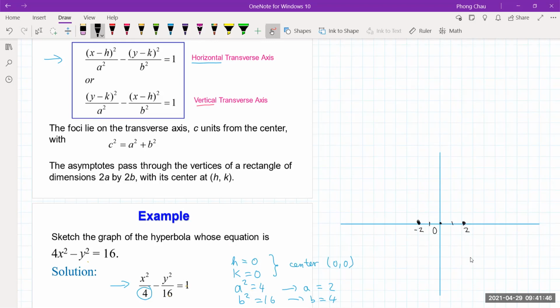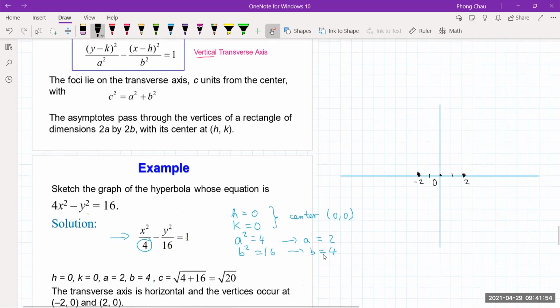And then we're going to move from the origin. B is 4, right? So you're going to go up 4 and down 4. Now, the 2 points here are not on the hyperbola, right?